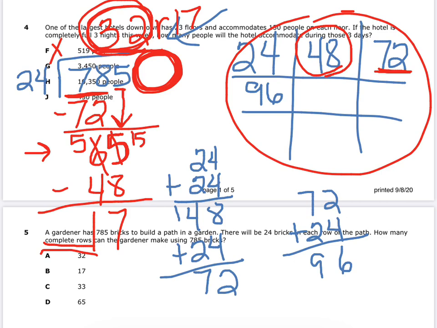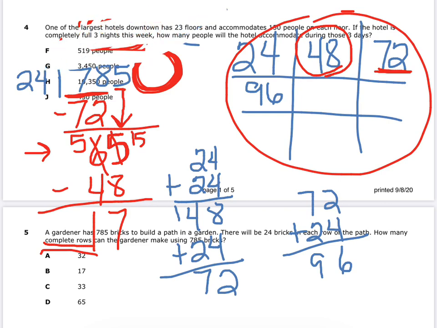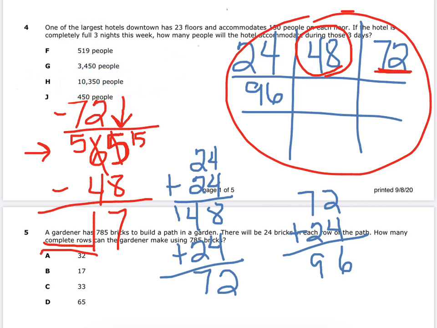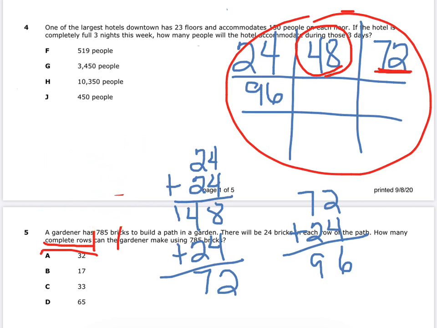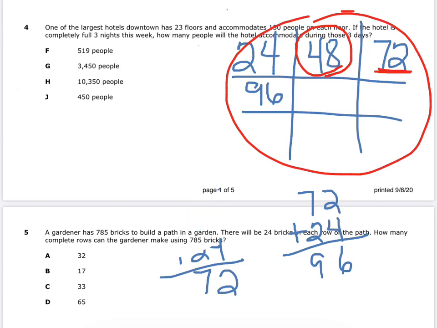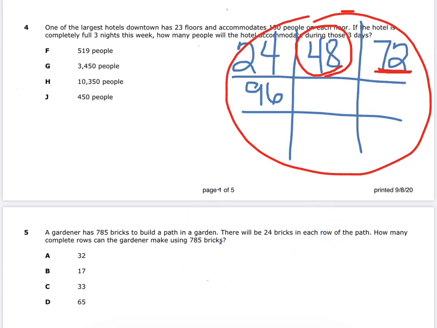So let me erase just this work, because I want to show you another way to do this division. But I'm going to keep my tic-tac-toe board because I want you to see the math, and how the tic-tac-toe board can work either way.